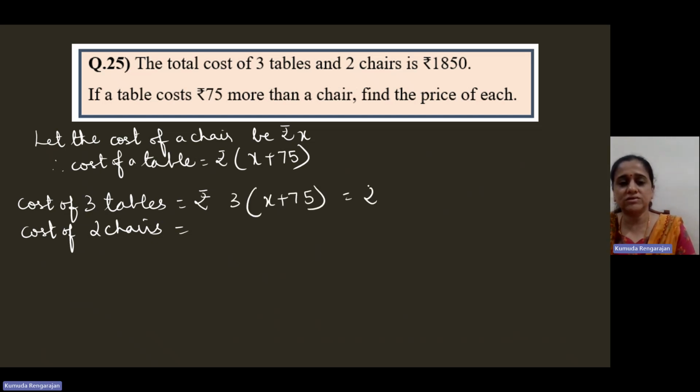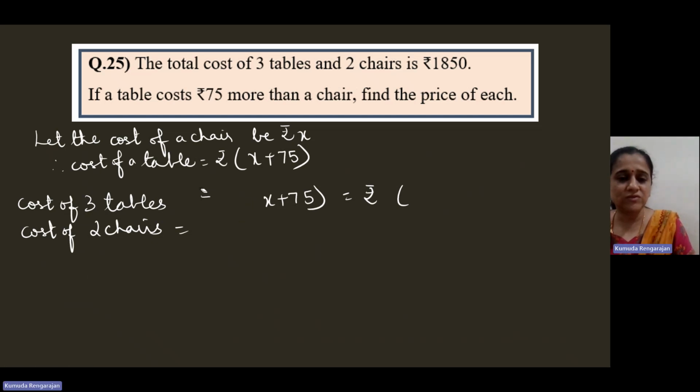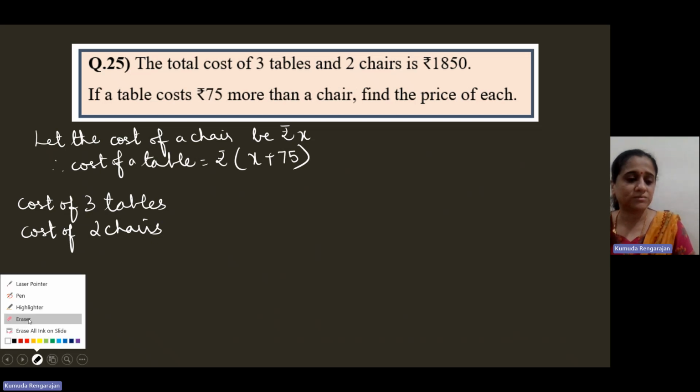If putting rupees confuses you, don't put it. Put brackets until you get used to it. Once you get used to it, you will automatically know where to put rupees. For now, let's just do it without the rupees symbol.